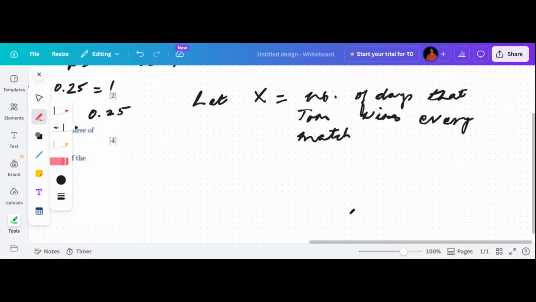Correct. Let x be the number of days that Tom wins every match.